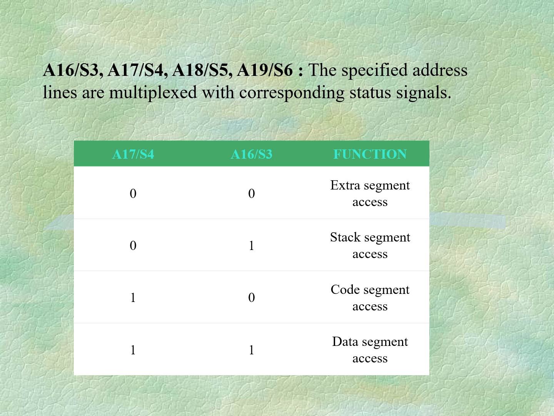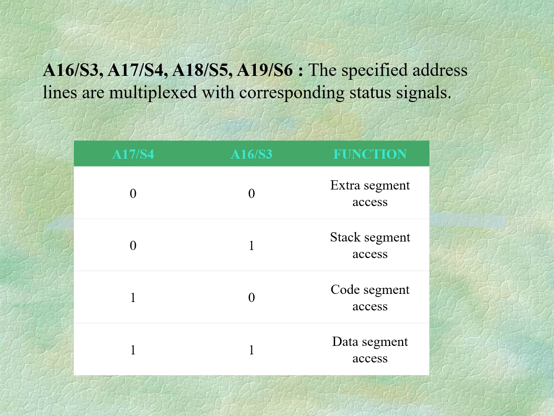The remaining 4 address lines A16, A17, A18, A19 are multiplexed with the status signals called S3, S4, S5 and S6. We consider only S3 and S4 first. Looking into the table, by checking the status of S3 and S4, you can find out in which segment we are accessing.